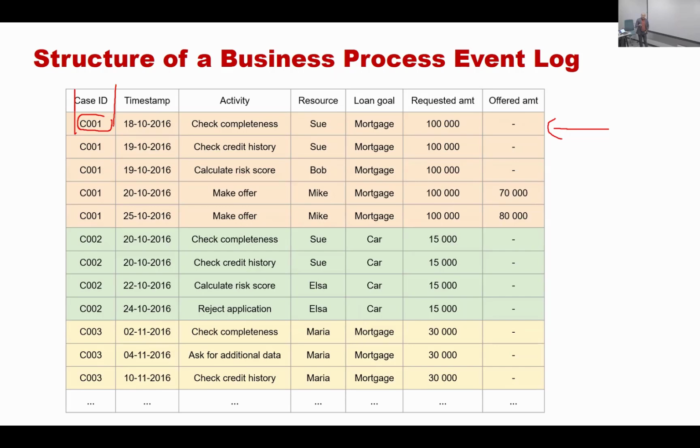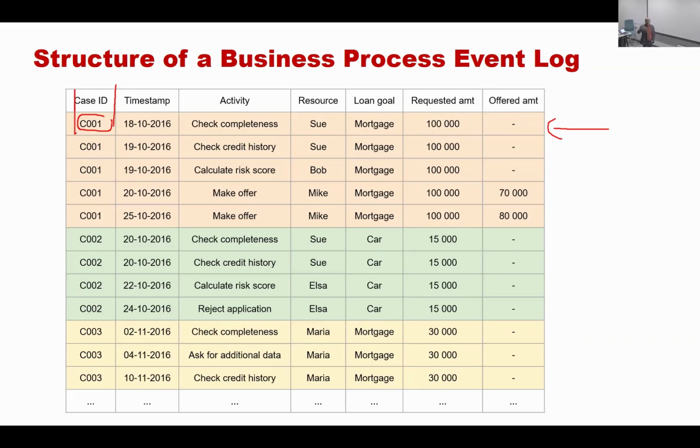In this example, I am showing you a loan application handling process. And in a loan application handling process, the central object is typically the loan application that a customer files in our information system. So the identifier of the process instance will be a loan application ID.